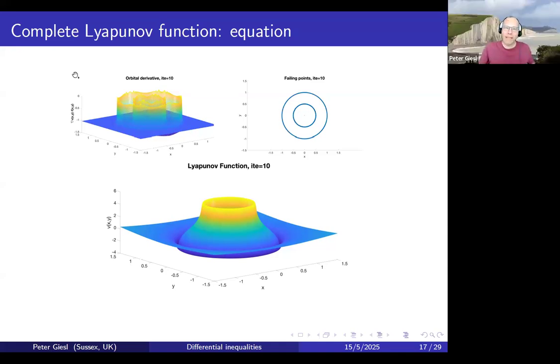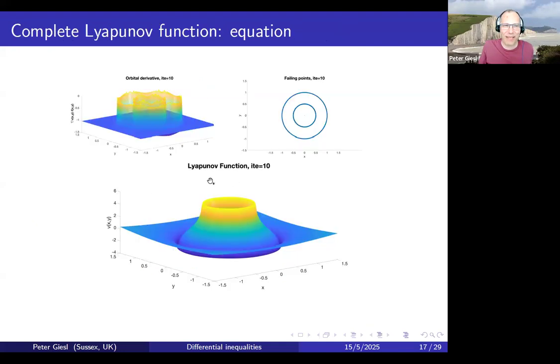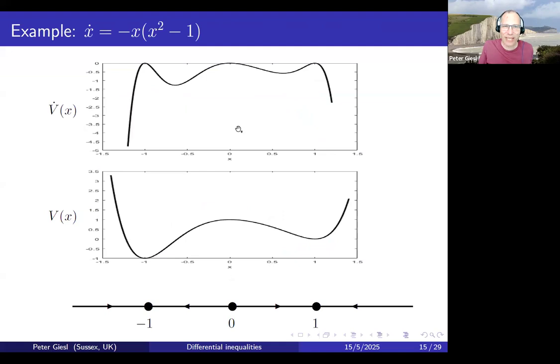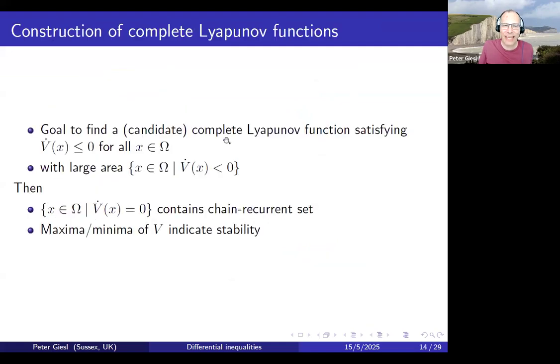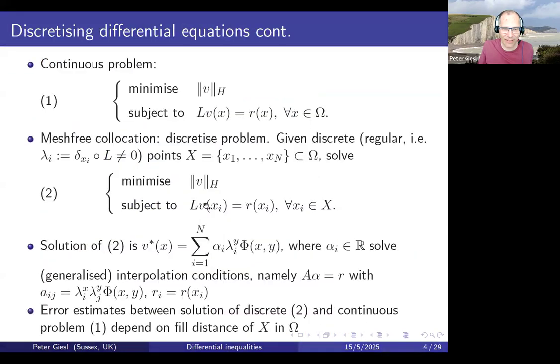Yeah, the rate of convergence is, as you said, just the numerical bit, so it would be irrespective of the application to Lyapunov functions. Let me go back to the slide.